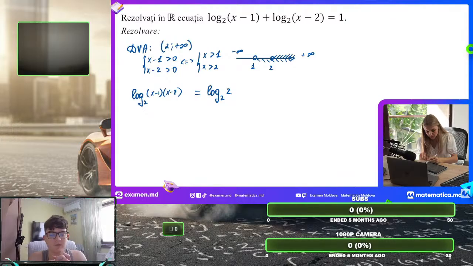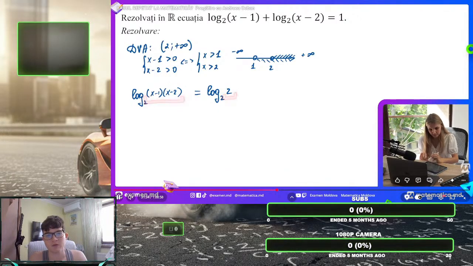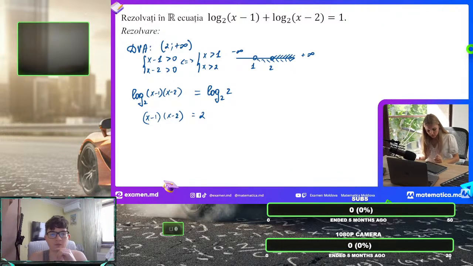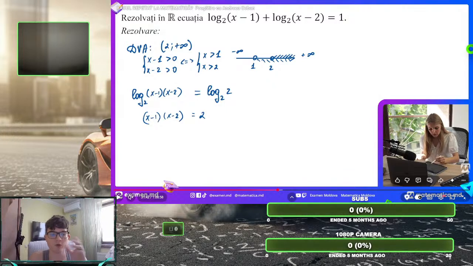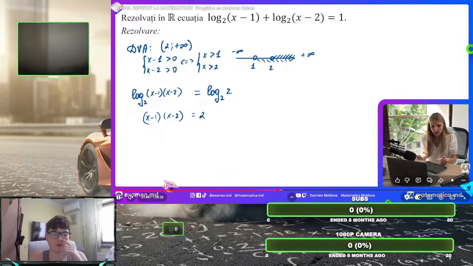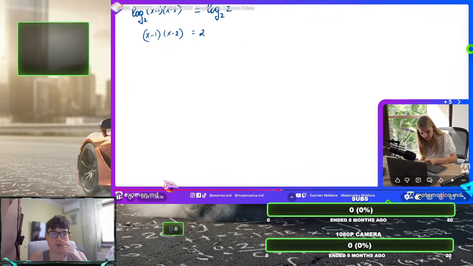So now we have the same bases, so we can just write it down without the LOG and the base 2, and we're going to find values. So we've got that. Now we just multiply term by term. We'll have x to the second power minus 2x minus x plus 2. So just a quadratic again, once again.